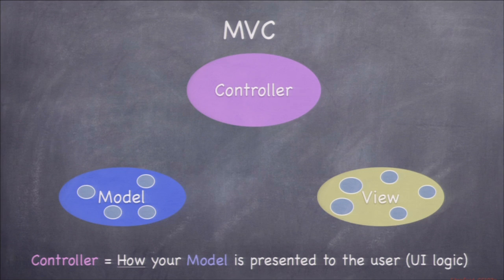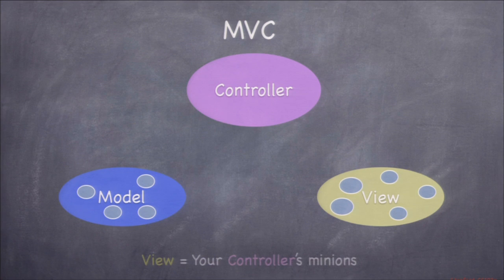So how the cards get drawn on screen is the job of the controller. It's the controller's job to figure out how am I going to take this set of cards and display them on screen and then animate their movement and things like that. That's up to the controller. So the controller controls how the model is presented on screen. And the view is the minions, the classes that the controller is going to use, kind of like the building blocks, the Lincoln Logs.